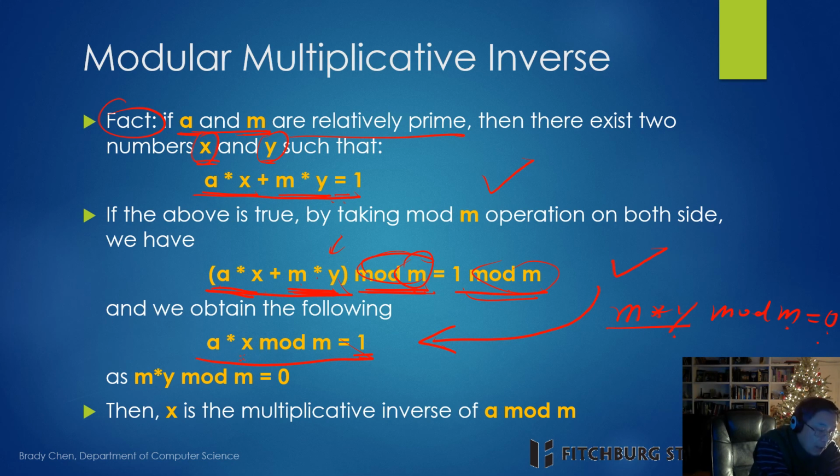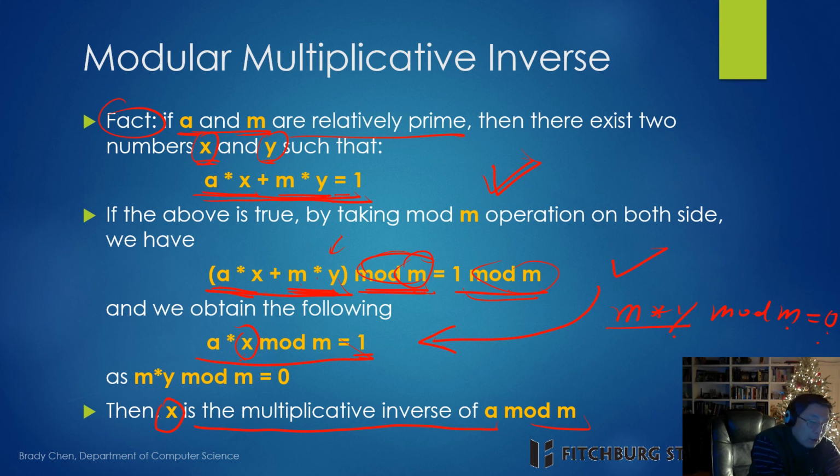What does that mean? That means x is the multiplicative inverse of a mod m. So if we can write a times x plus m times y equals 1, then x is the multiplicative inverse of a mod m. Based on this, we can calculate the multiplicative inverse very easily.